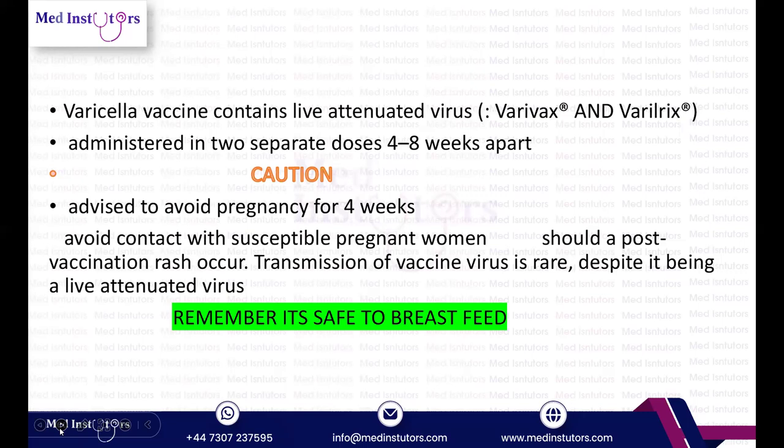Though it is rare, the chances are there. So it's very important to alert them not to come in contact with other susceptible pregnant women or newborns. Number three, it's completely safe to breastfeed if they are vaccinated in the postpartum period. Is this clear so far?